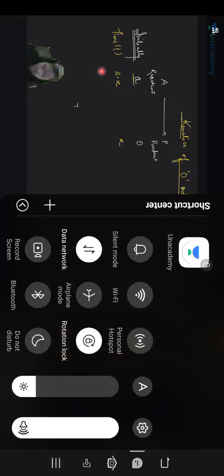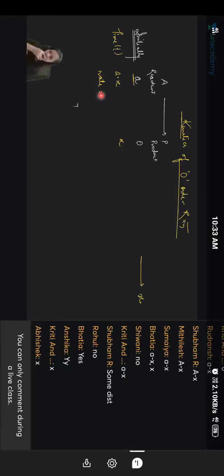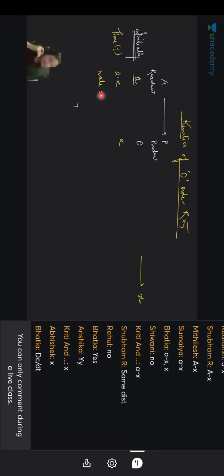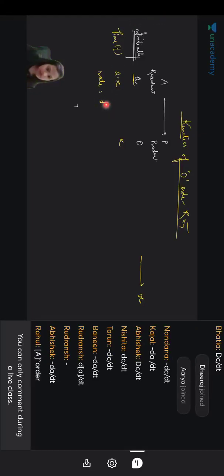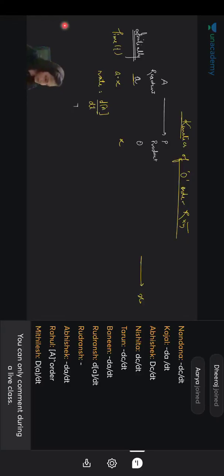So as per the first method, हमारा rate कैसे determine करते थे हम लोग, rate is equal to, as per the first method, dc by dt, so here I would say d concentration of A by dt, okay, चलो ठीक है.